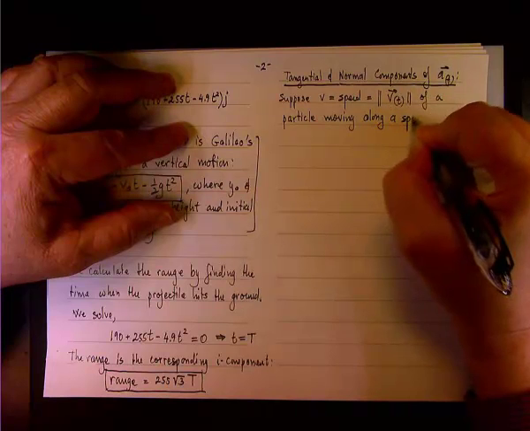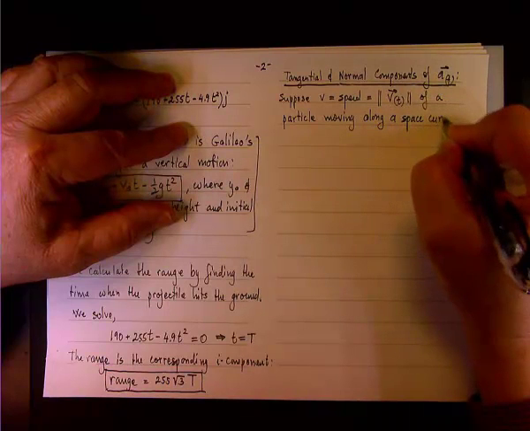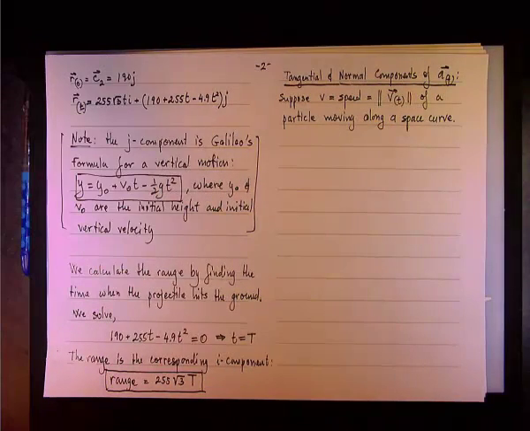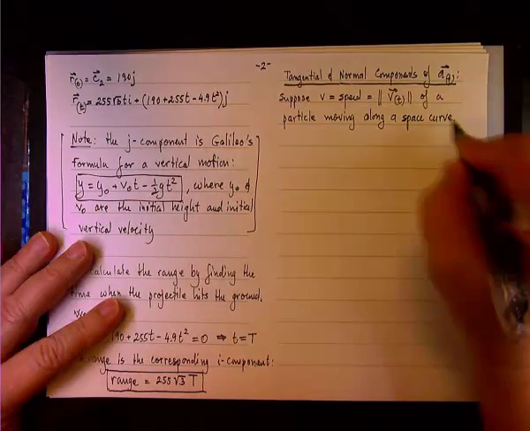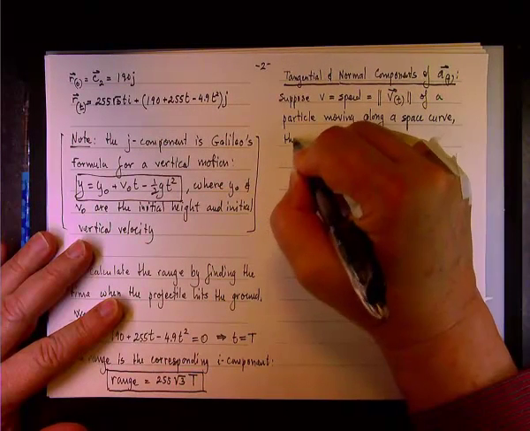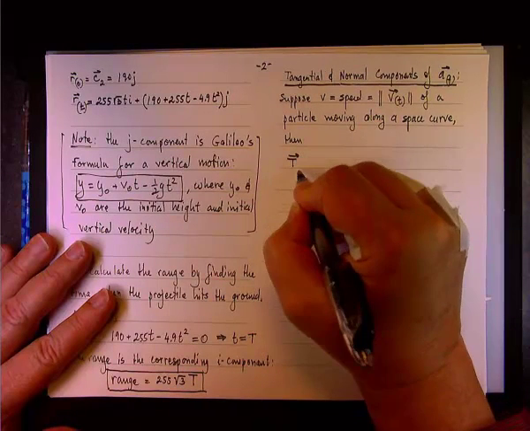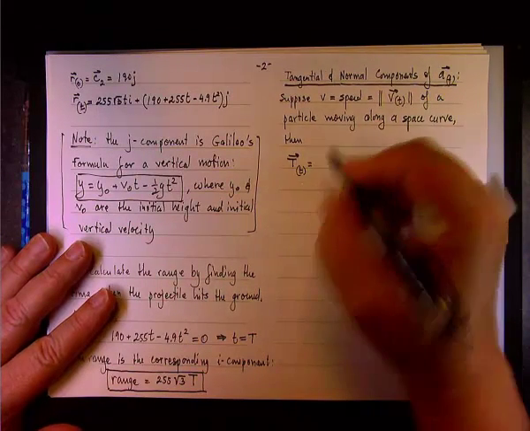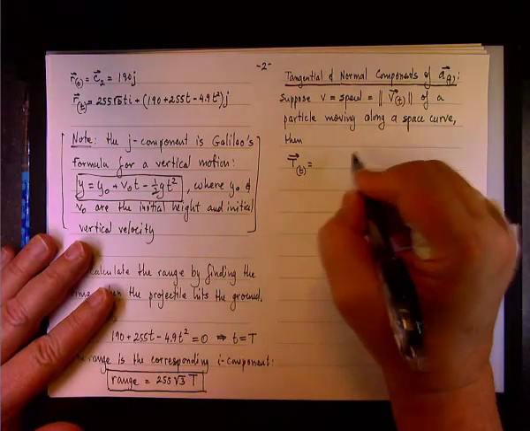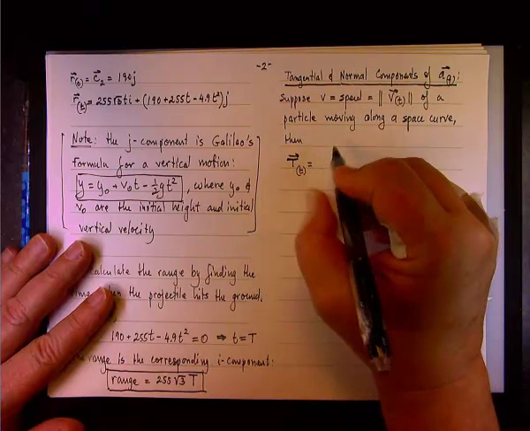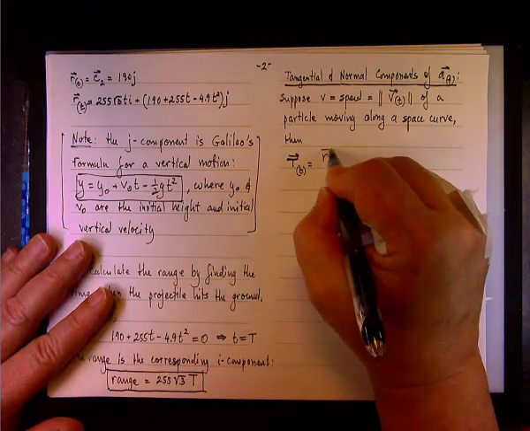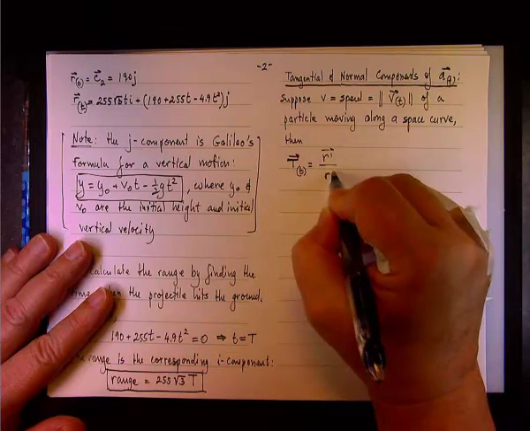So let it be the speed of the particle, or if you remember, the speed is the magnitude of the vector V, of a particle moving along a space curve.